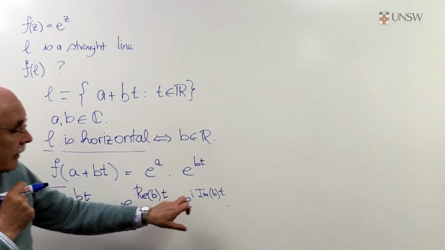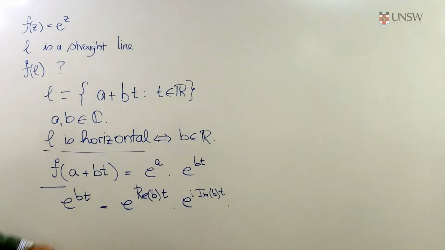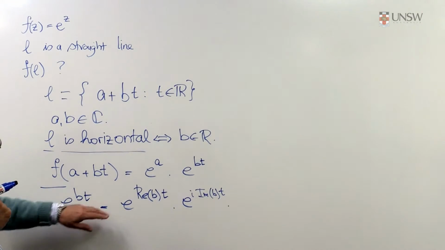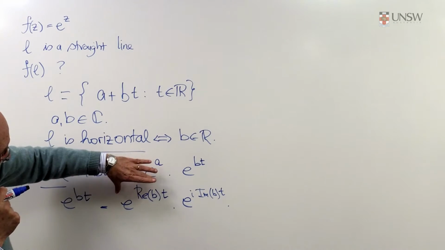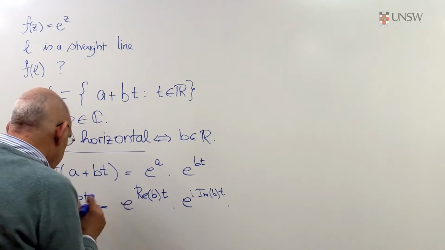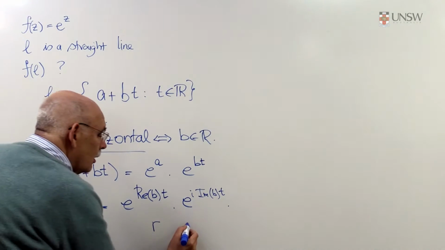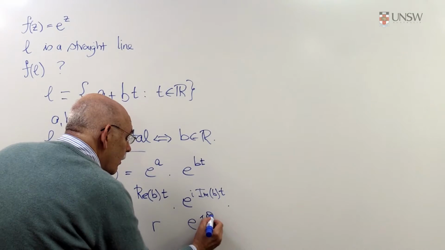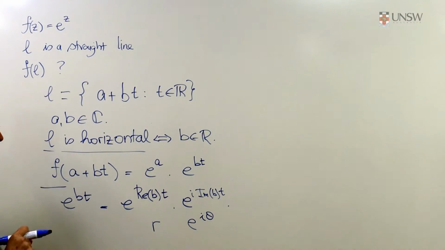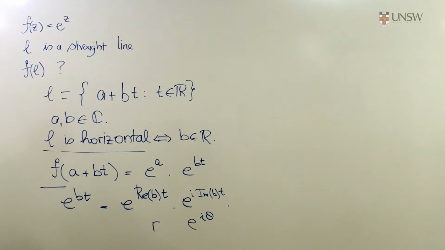And in fact, we'll see that it gives us a spiral of some sort, or perhaps a circle. This real part of b is just some real constant, and this is going to give us just a positive real number. So, if you like, this is the polar decomposition of this point. This is the r part, and this is the e to the i theta part.